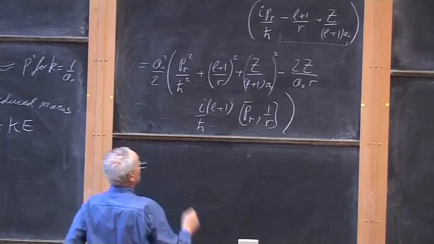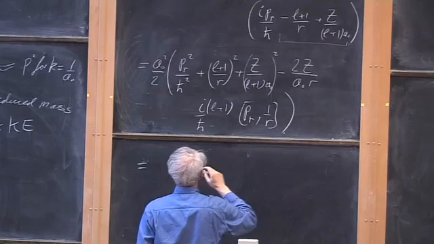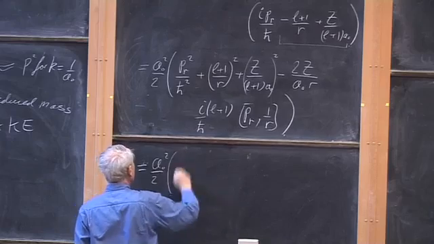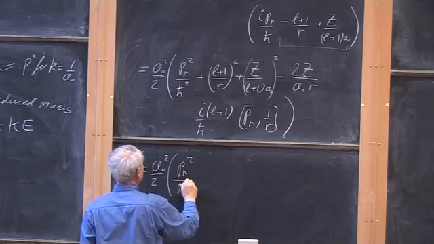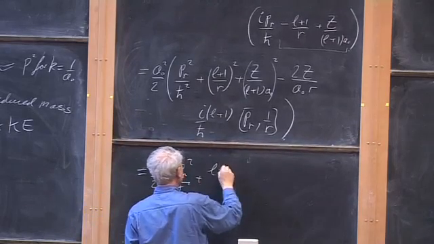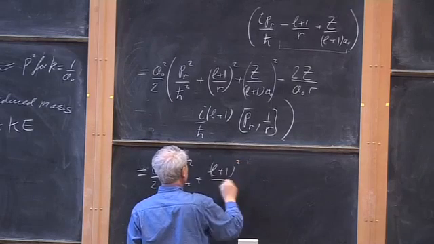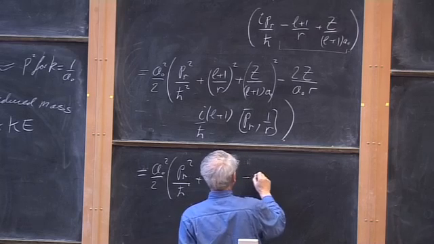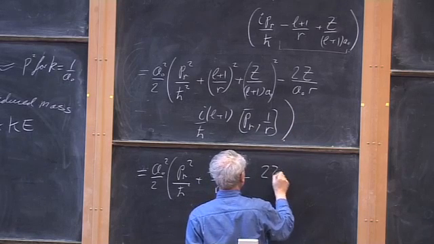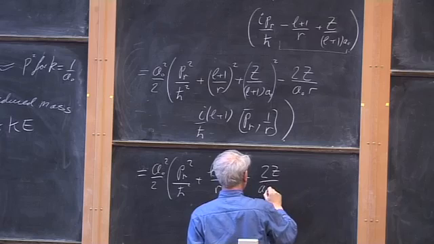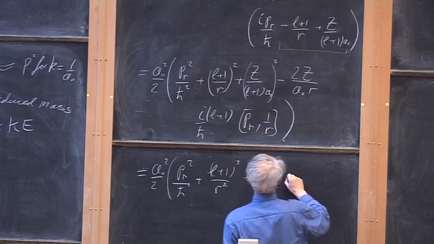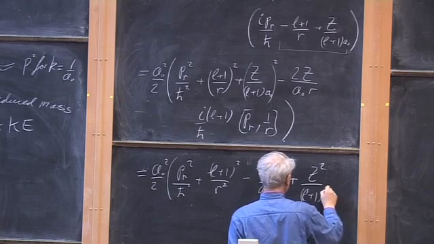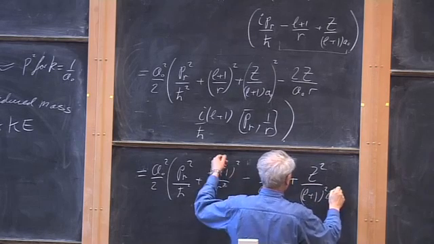So what is this going to come to? Well, let's rearrange things. A0 squared over 2, P_R squared over h bar squared, plus (l plus 1) squared over R squared, minus, I'm going to put this one down next, 2Z over A0 R, then this term plus Z squared over (l plus 1) squared A0 squared.